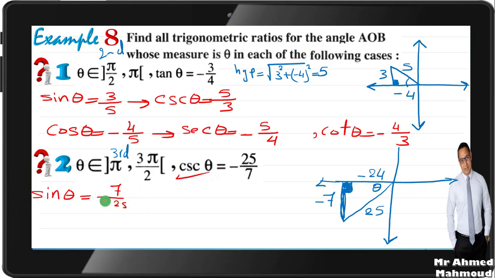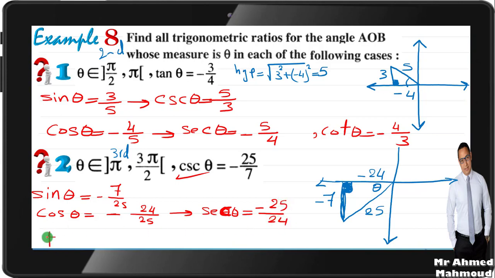Cosec exists, and cosine theta equals adjacent over hypotenuse, equals negative 24 over 25, and sec theta equals the multiplicative inverse, negative 25 over 24.